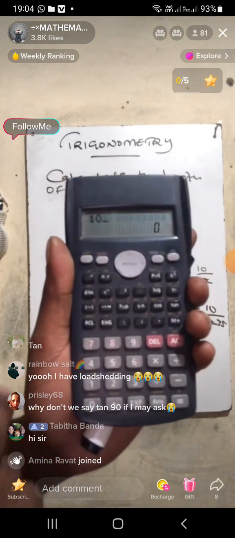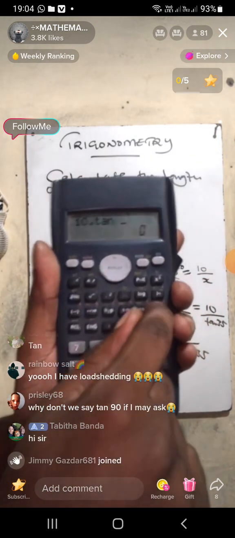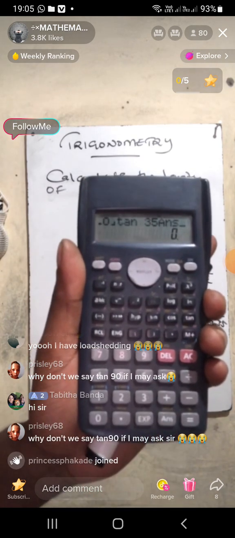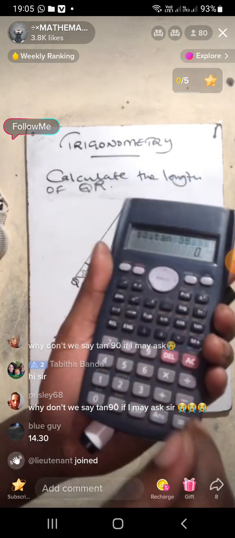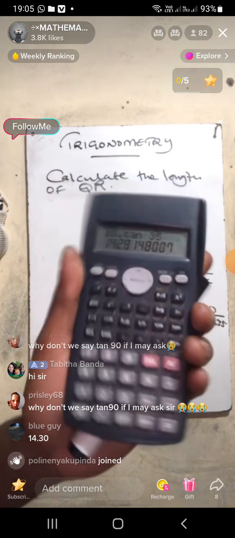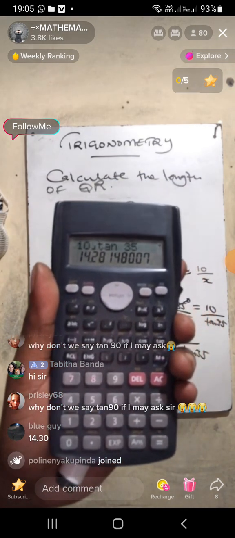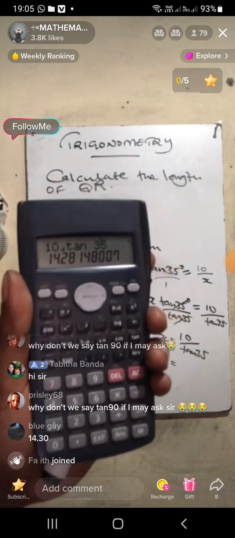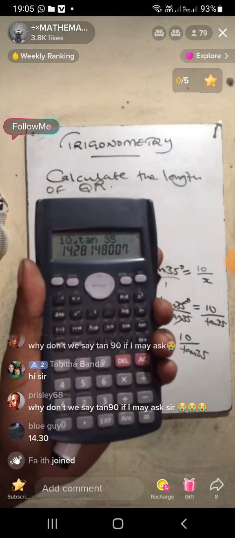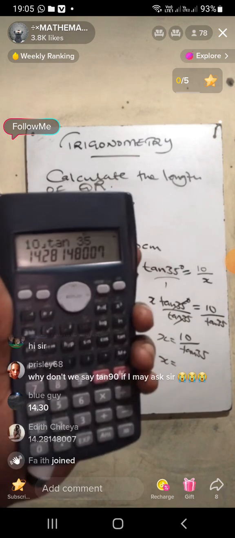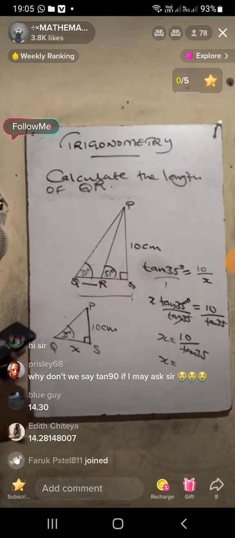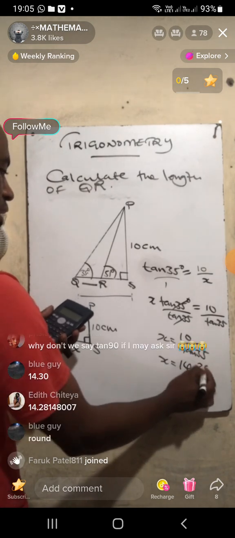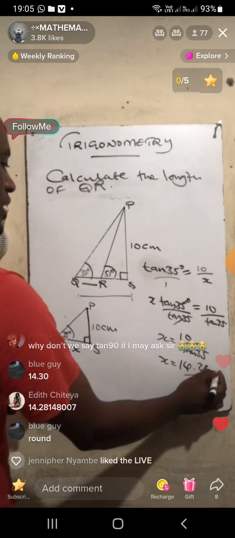So we have 10 over tan 35. Equals. So we have 14.28148007. You can still confirm with me, 10 over tan 35. So we have 14.28 correct to 2 dp.